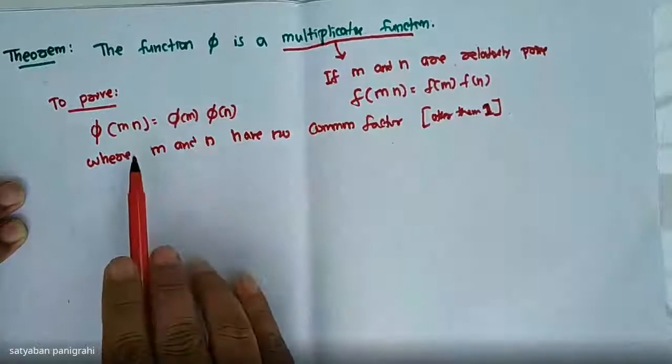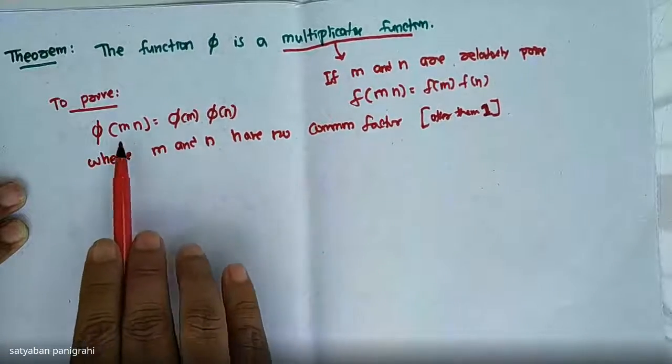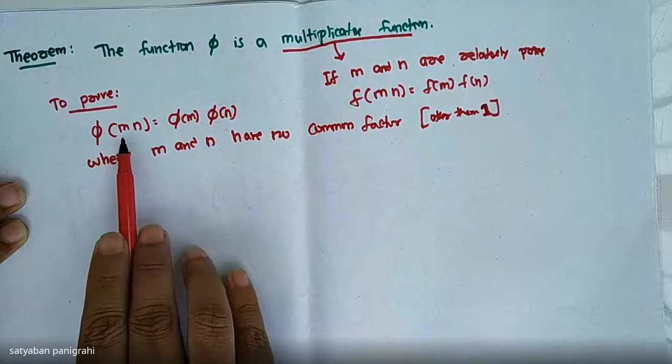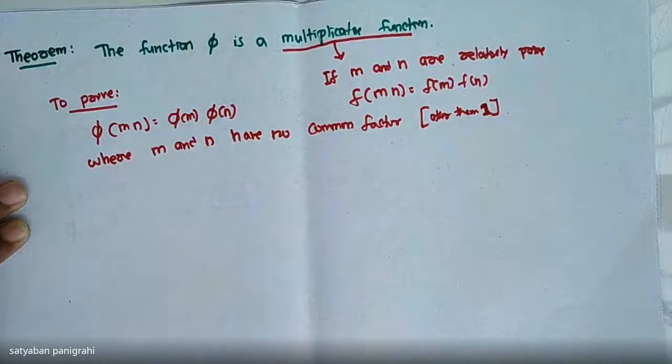So GCD of m and n equals 1, then we have to show that phi of mn equals phi m into phi n. Question clear?